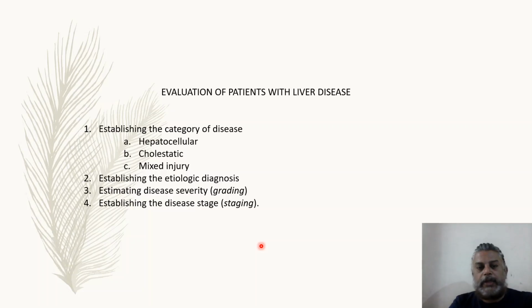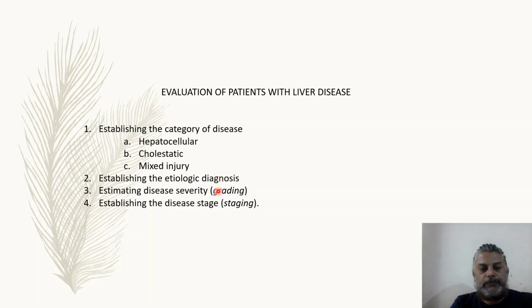How to evaluate a patient of liver disease? We have to establish the category of disease, whether it is hepatocellular, cholestatic, or mixed. Then we have to know the etiology of the particular disease.